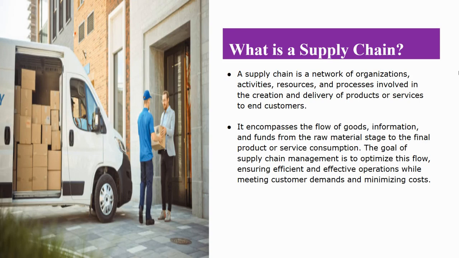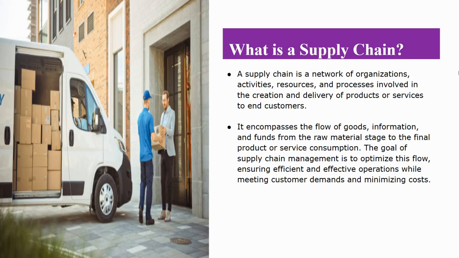And that television must be consumed, must be bought, must be purchased by an individual or entity that will use it. Okay. And so you go there and you buy and use it. So that is basically about supply chain. It looks at how goods, information, funds are transformed into finished product and can be consumed by customers.